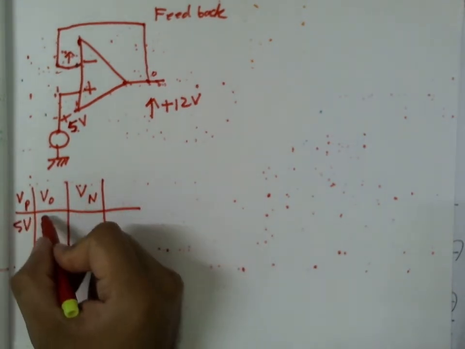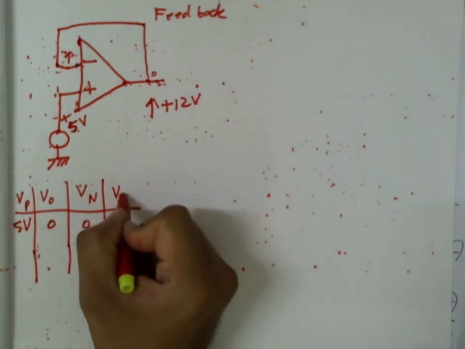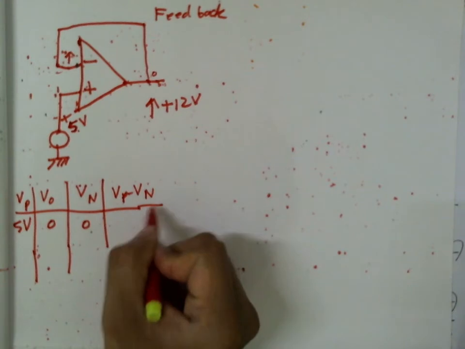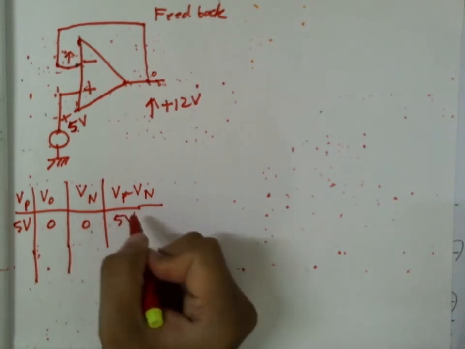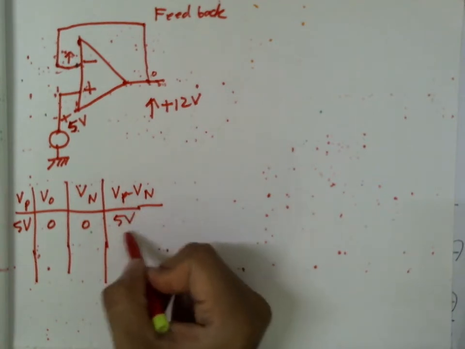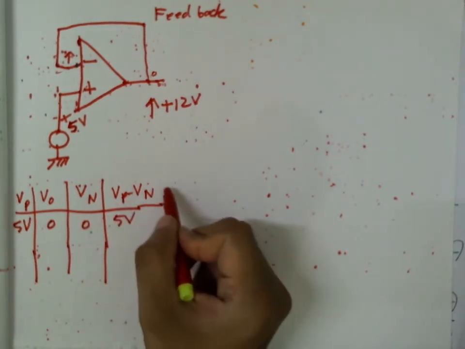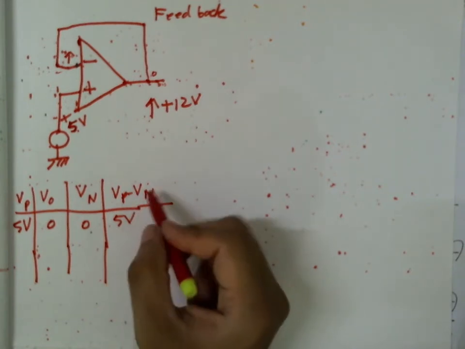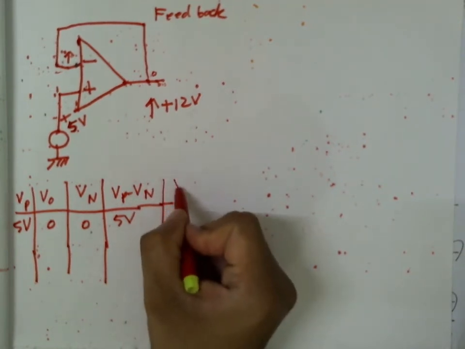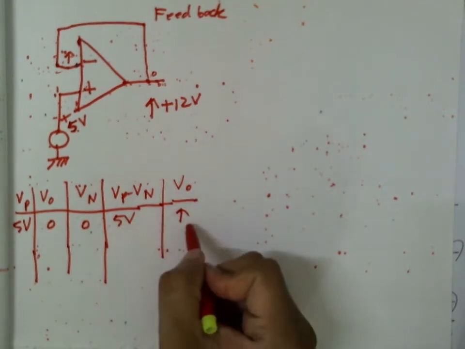Now if VO is 0, then VN is also 0, then VP minus VN is 5 volt, which is super large, sufficiently positive, then this will cause the VO to go up because the difference between the two inputs is higher.